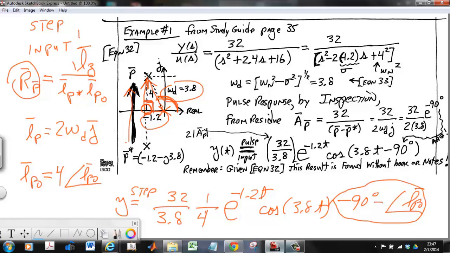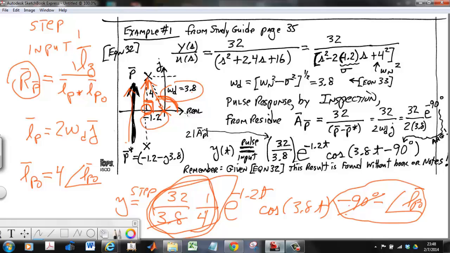And its length would be 3.8, and that would cancel out this guy, and it would cancel out this guy. So you can see the power of this method, because by moving poles and zeros around, and that's what we're going to be doing when we're building systems, we're going to put poles and zeros into the system, and we can then visualize how we're increasing and decreasing the phase of our cosine functions and increasing and decreasing the magnitude of the response as measured by this constant in front.